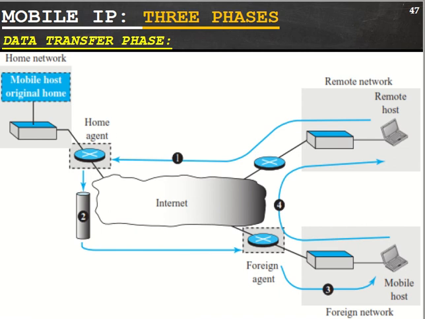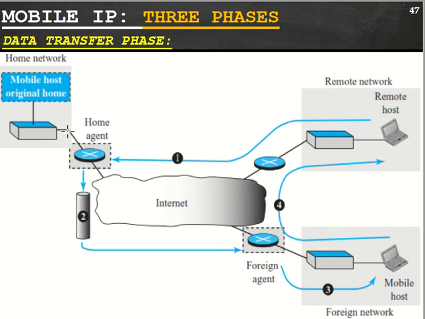First we will see from the remote host to the home agent. When the remote host wants to send a packet to a mobile host, it uses its own address as the source address and the home address of the mobile host as the destination address.